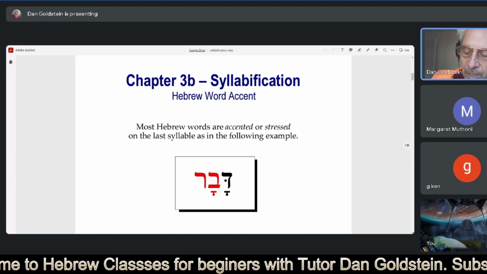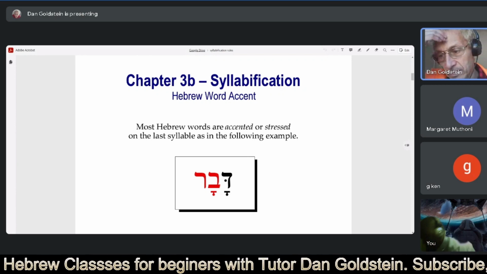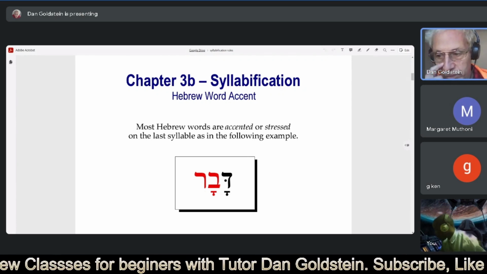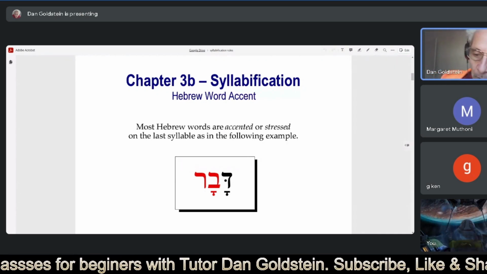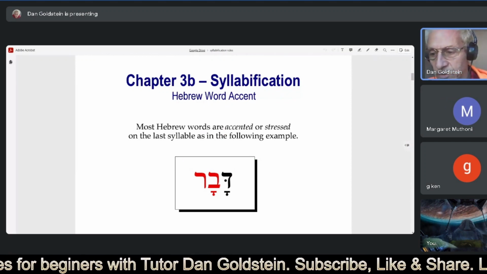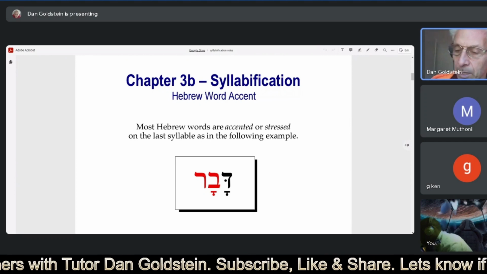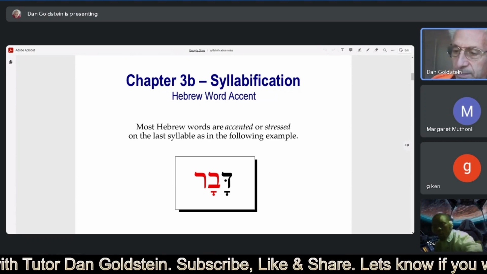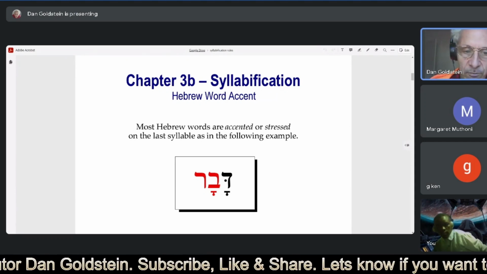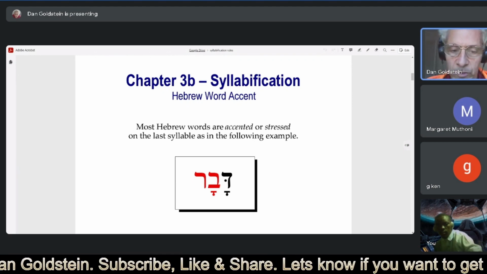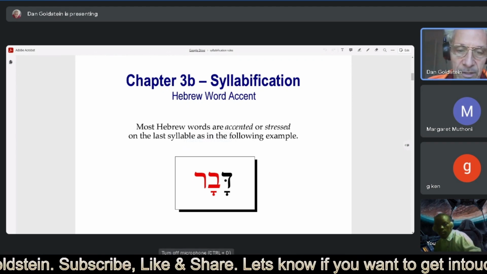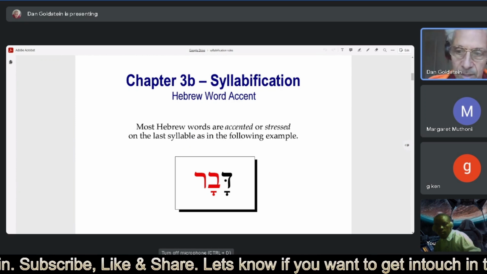And this is going to be helpful for us in breaking down words as we're pronouncing words. We can break the words into syllables, and also we will learn rules relating to where to place the accent. Generally speaking, most Hebrew words are accented or stressed on the last syllable, such as davar.